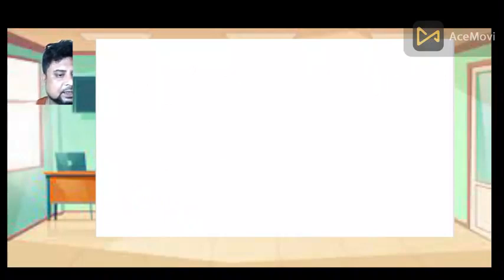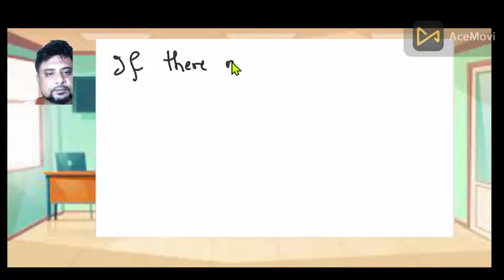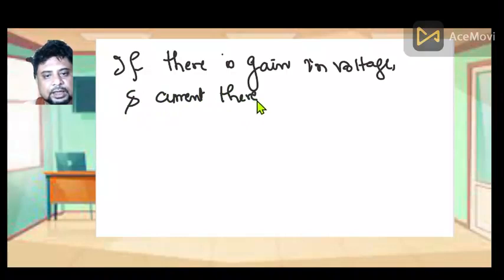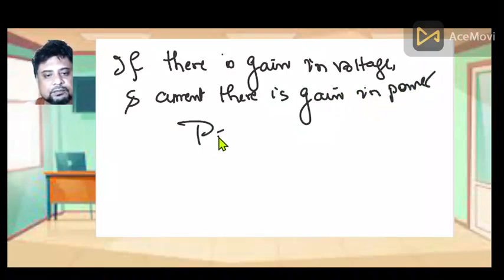As a result, if there is gain in current and gain in voltage, the power is increased. Amplification means multiplication. There is gain in voltage and current, so there is gain in power, because power is given by V into I.